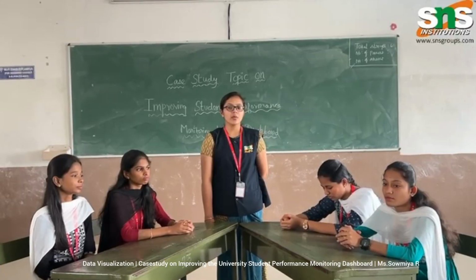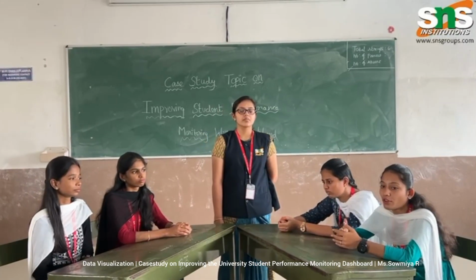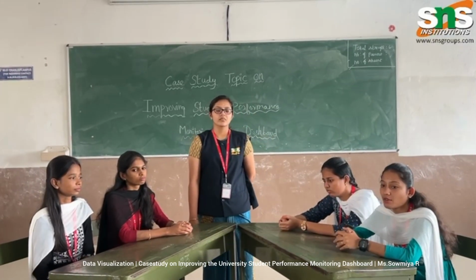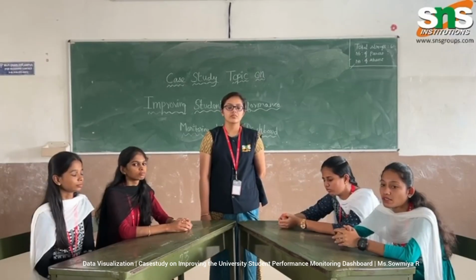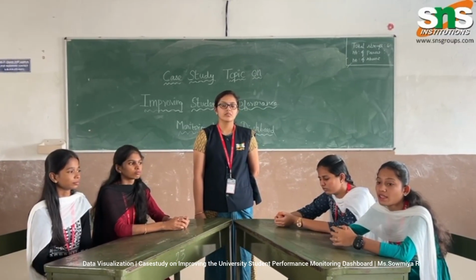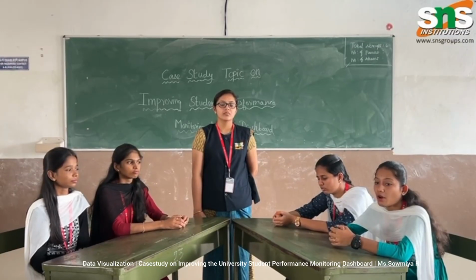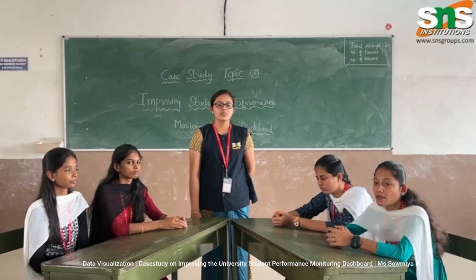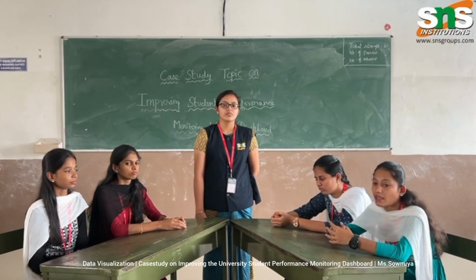Now Purna will explain about the prototype phase. The prototype brought together these ideas into a functional design. The dashboard was structured in a way that balanced simplicity with comprehensiveness. Attendance trends were displayed on the top left through a line chart, while subject-wise marks appeared on the right in a chart.